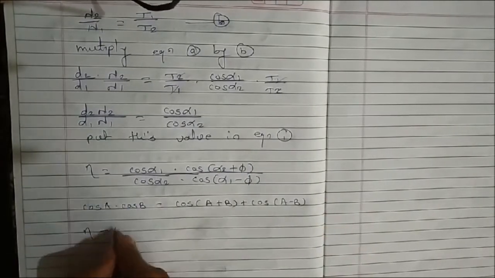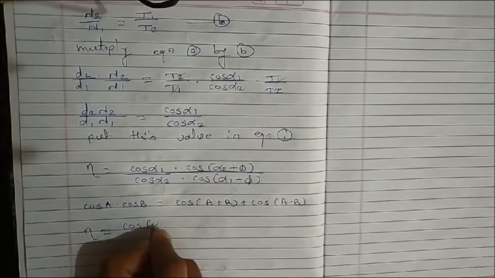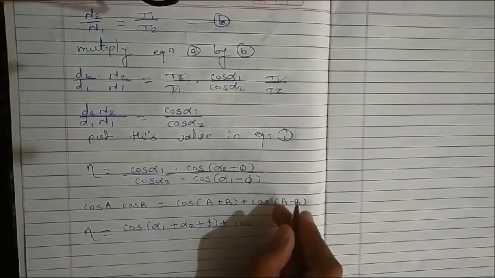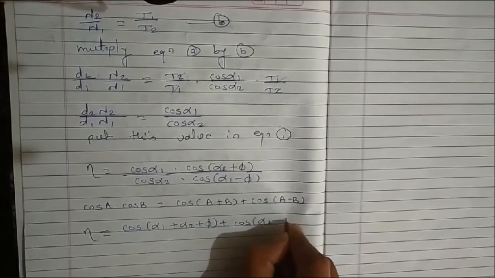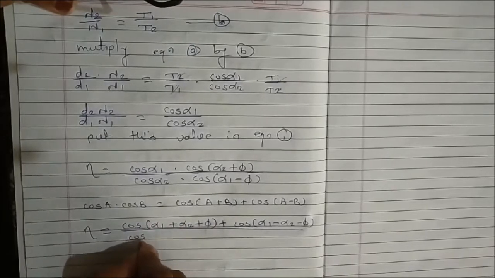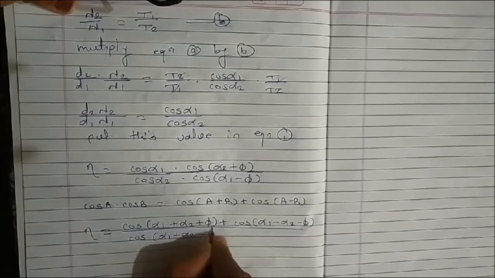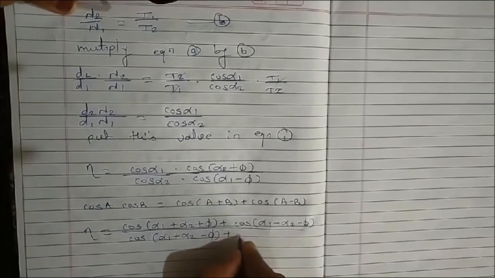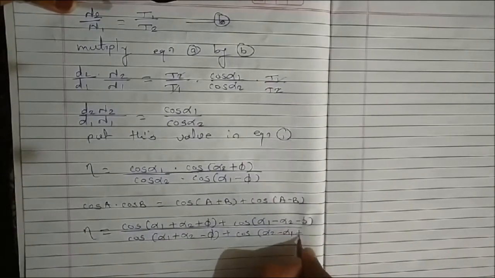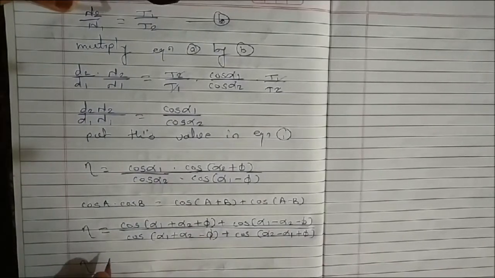So we get cos A plus B, so cos of alpha 1 plus alpha 2 plus phi plus cos of A minus B, alpha 1 minus alpha 2 minus phi, divided by cos of A plus B, so it is alpha 1 plus alpha 2 minus phi plus A minus B, cos of alpha 2 minus alpha 1 plus phi. Okay, so see this equation carefully.